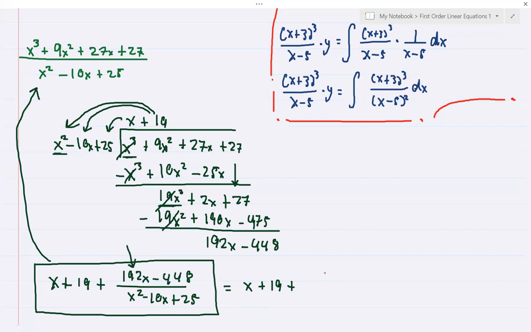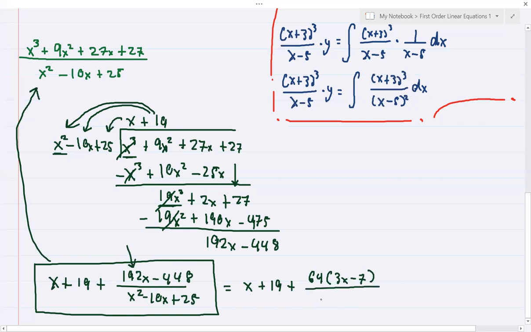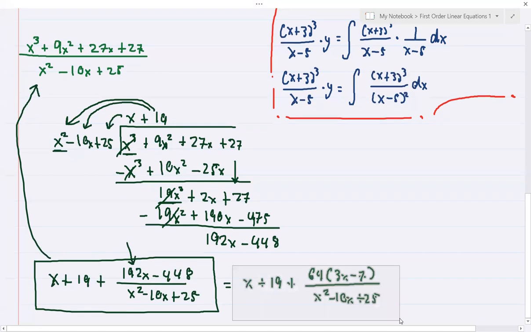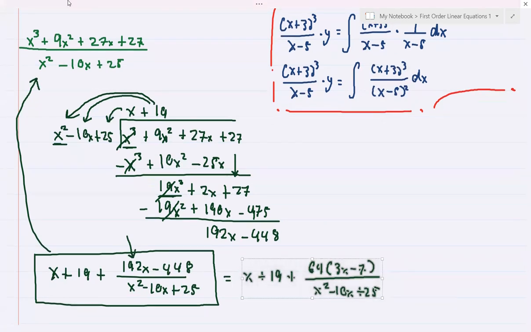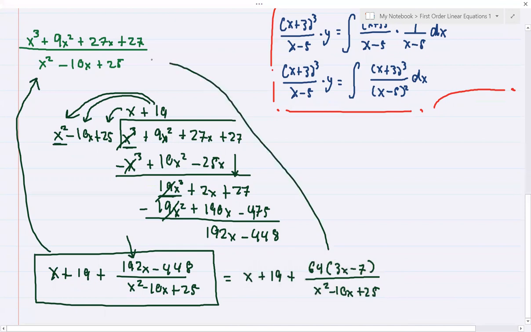Okay, 192 divided by 64 is 3, 448 divided by 64 is 7. So this binomial is divisible by 64. So we will have 64 times 3x minus 7, all over x squared minus 10x plus 25. So this would be now your simplified version for this one.